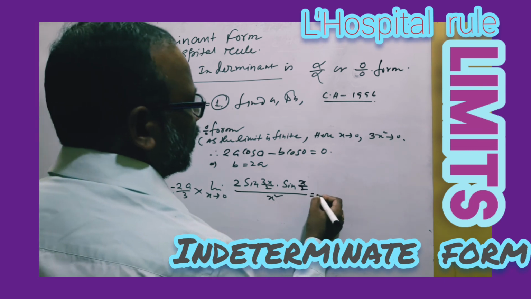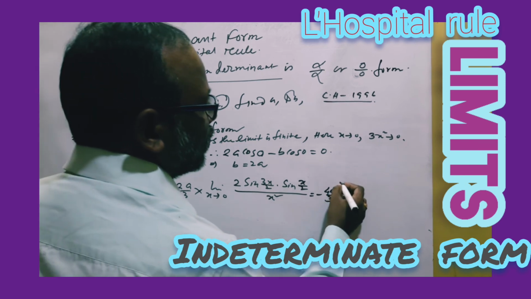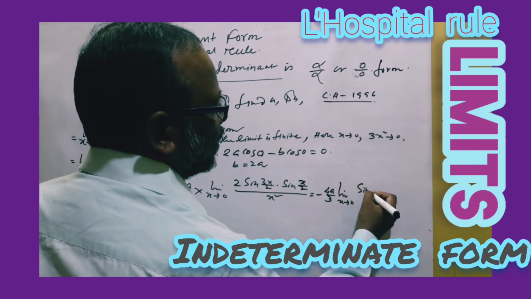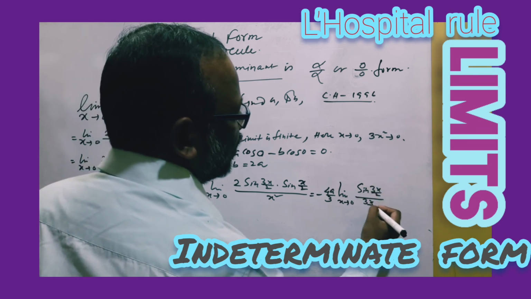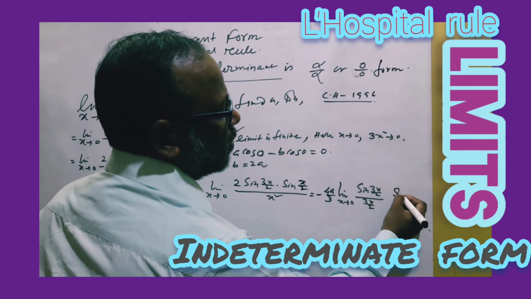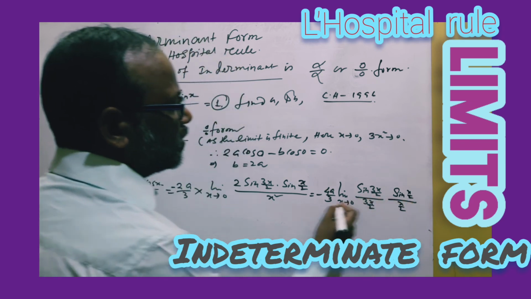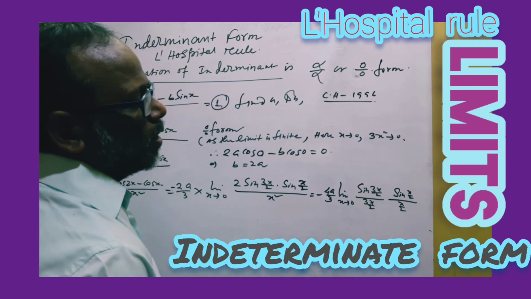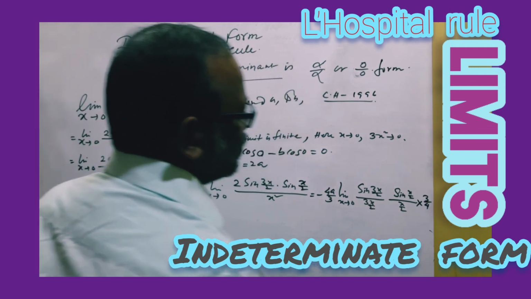Now this is here minus 4a by 3, limit x tends to 0, so sine 3x by 2, we can write by 3x by 2, then it will be a 1. So now sine x by 2, we can write here x by 2, so x square are balanced, but 3 by 2 into 1 by 2, this is here 3 by 4, so for balancing the number, 3 by 4.